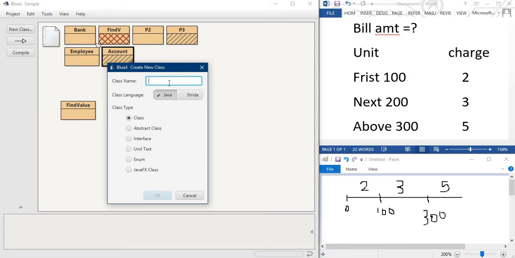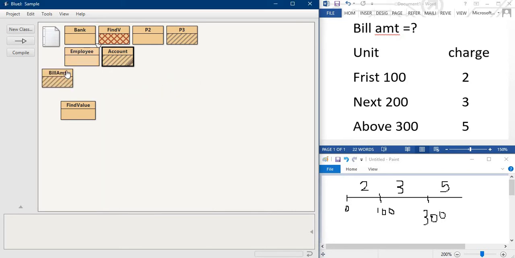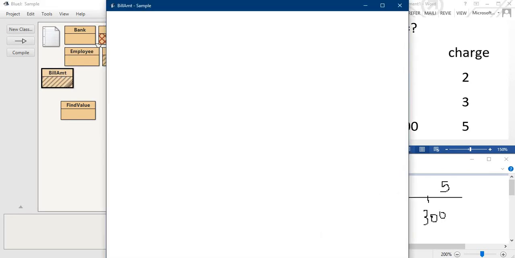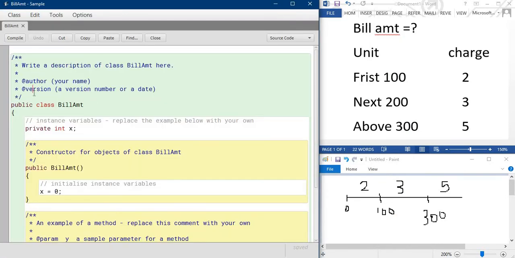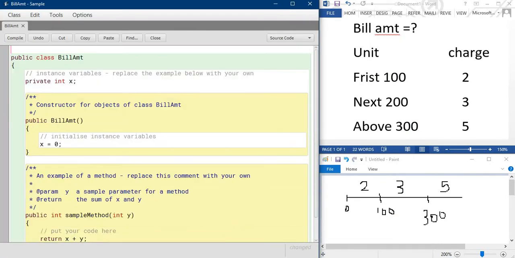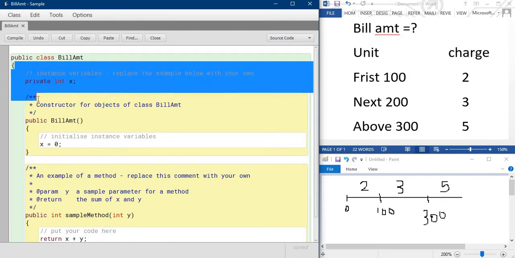So I'm writing a class which is bill amount. Now simply here I'm taking two inputs and doing the entire calculation. I'm not using any different methods, not any main member methods.